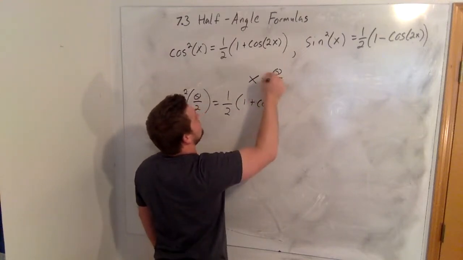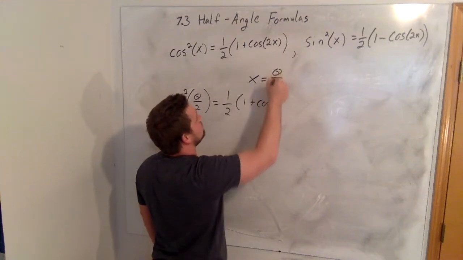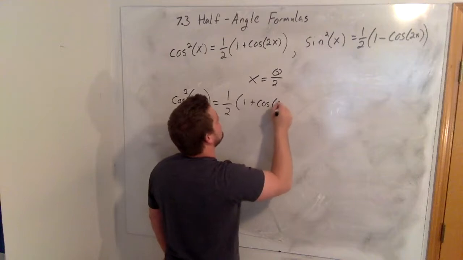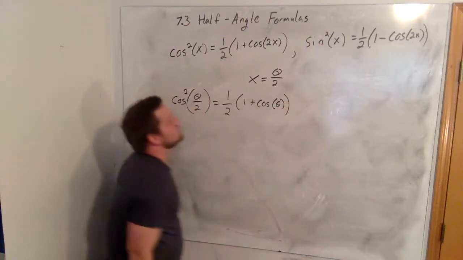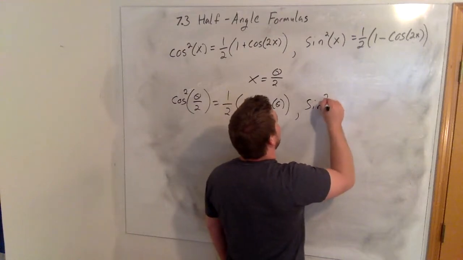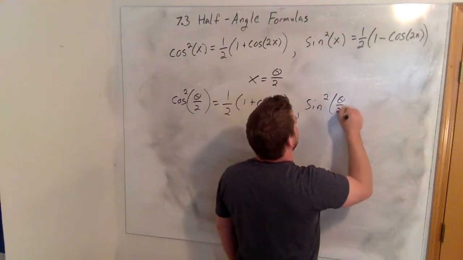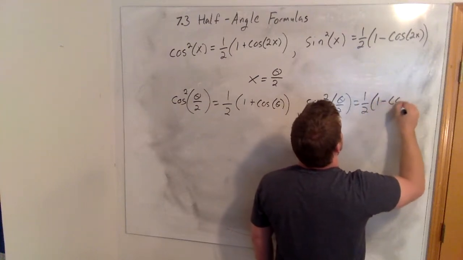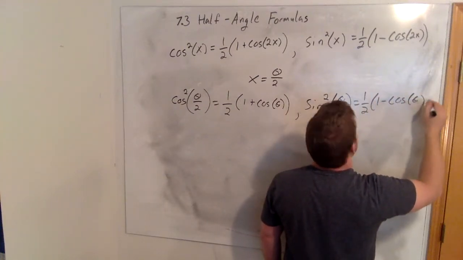Now if I replace x with theta over 2, the thetas would cancel and we'll just get 1 plus cosine of theta. Similarly, sine squared of theta over 2 will be equal to 1/2 times 1 minus the cosine of theta.